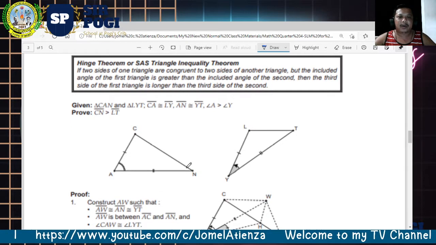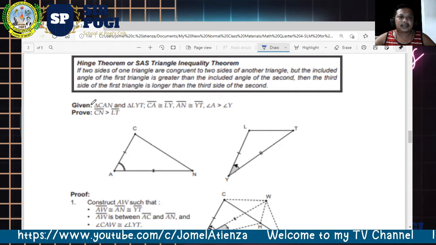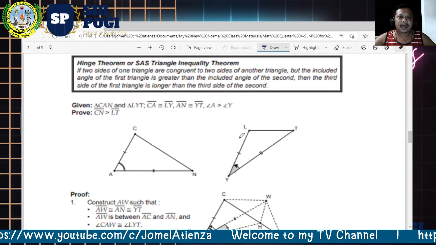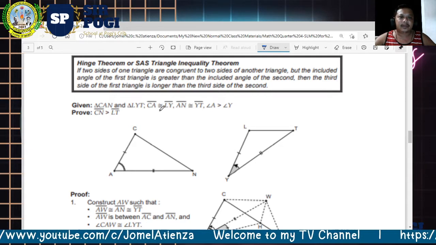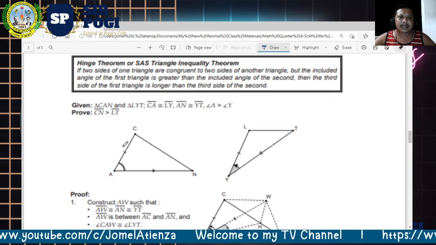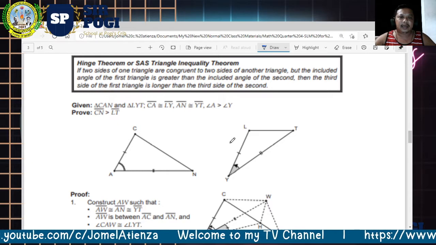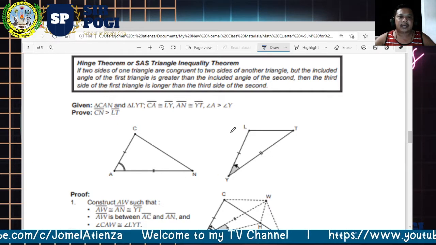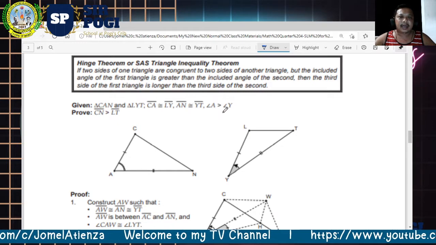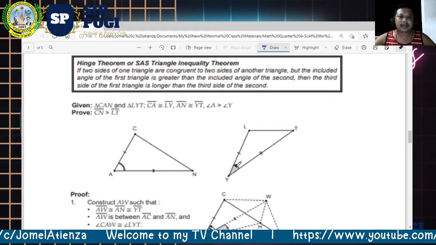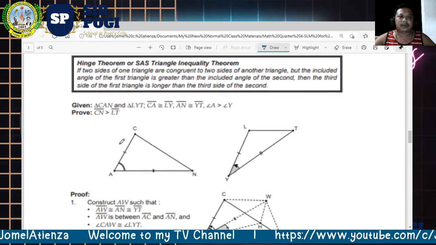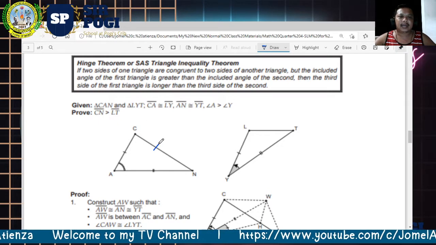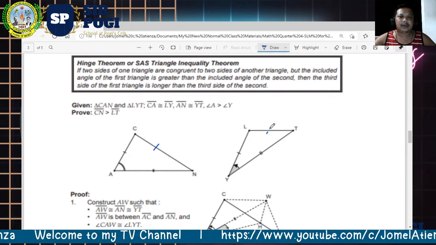For example, triangle CAN and triangle LYT, where CA is congruent to LY, AN is congruent to YT, and angle A is greater than angle Y. Prove that CN is greater than LT.